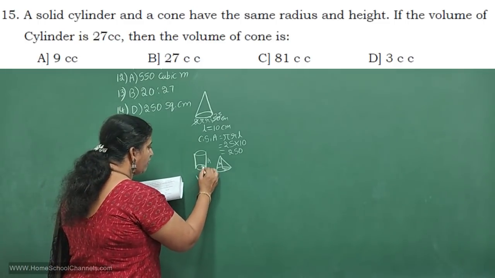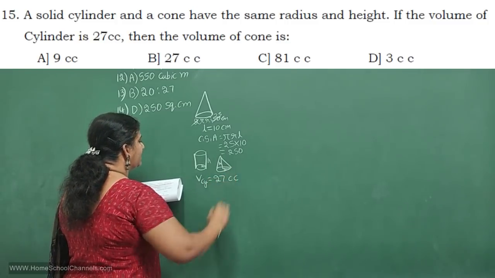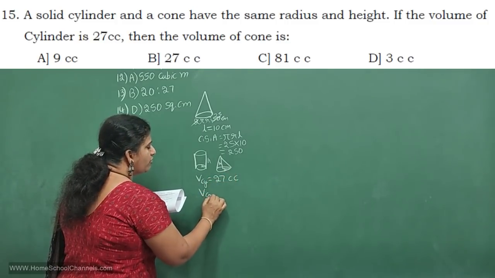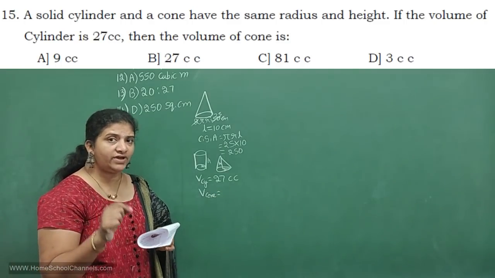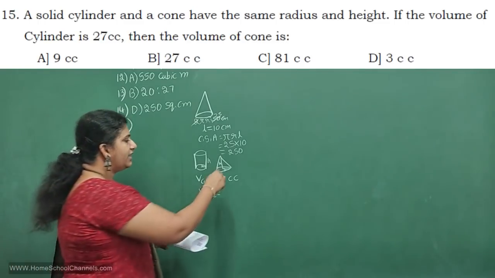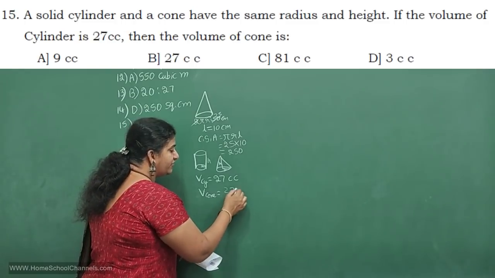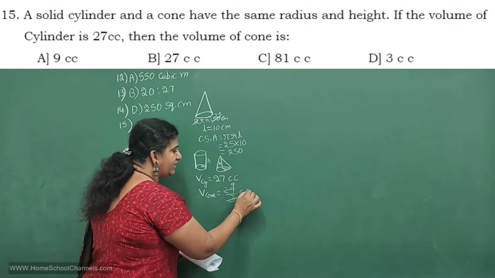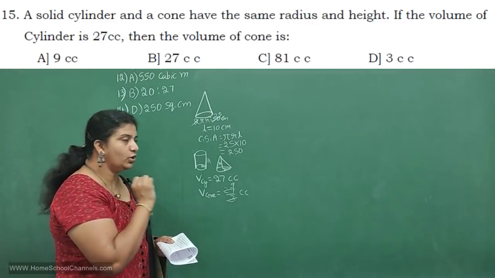Understand here, the volume of a cylinder is 27 cubic centimeter, given. We need to remember the volume of a cone is 1/3 the volume of a cylinder. That means just divide by 3. 3 9s are 27. That is 9 cubic centimeter is the volume of a cone.